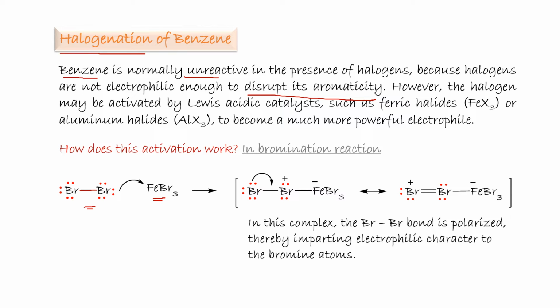So halogen may be activated by Lewis acid catalysts such as ferric halides or aluminum halides to become a more powerful electrophile. Here we have a lone pair attacking the iron to form a complex. Now in the complex, the Br–Br bond is polarized, thereby imparting electrophilic character to the bromine atom.